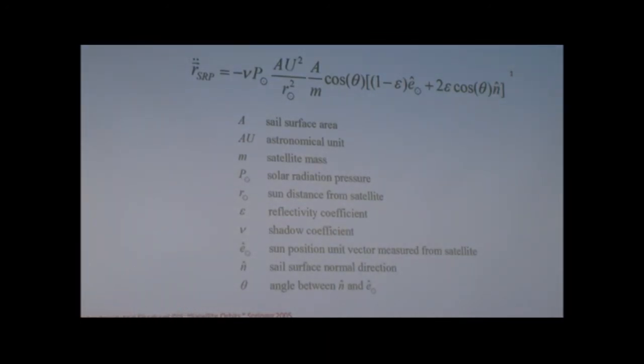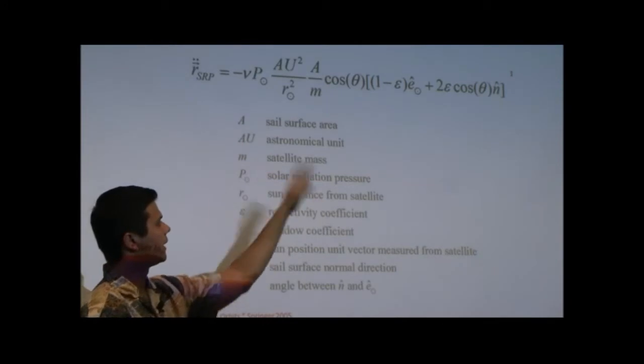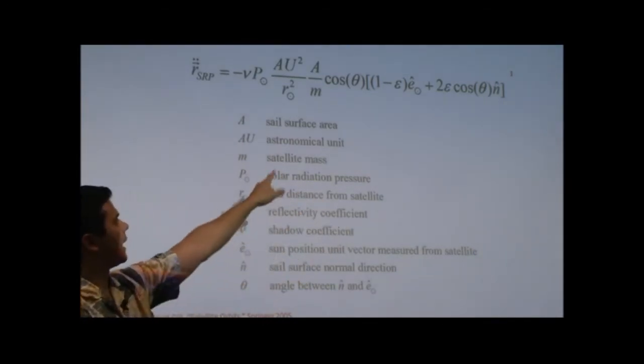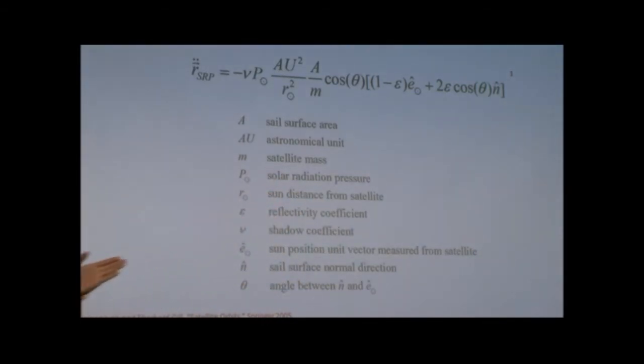If you have an epsilon of 0, so a completely absorptive sail, there are no n hat contributions, and all the experienced SRP is going to just go in line with the sun direction vector. So that's a pretty unique thing that the solar radiation pressure has on the satellite dynamics, and how it is dependent upon how reflective your surface area is.